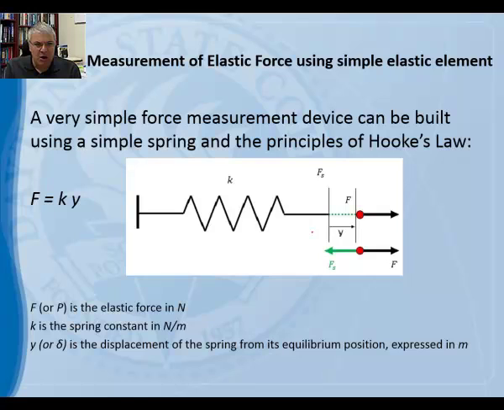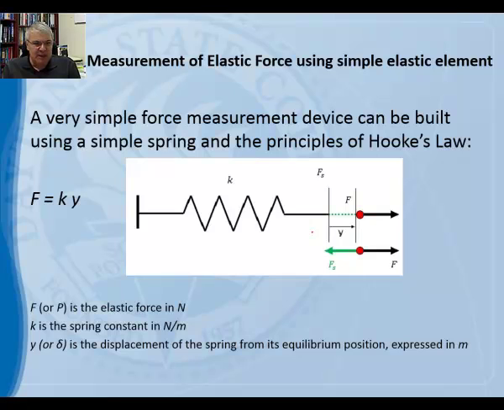For the sake of our argument, the stiffness of a spring is defined as force per unit displacement, meaning that the stiffness of a spring is defined by the force that causes it to displace by one unit of displacement. In this case, the force is defined as elastic force.